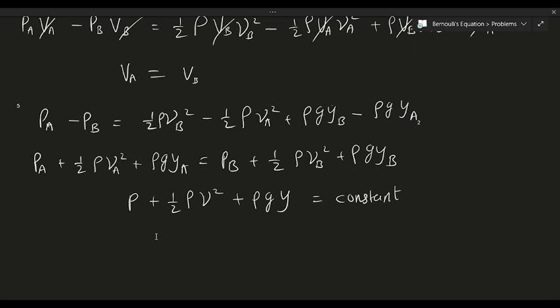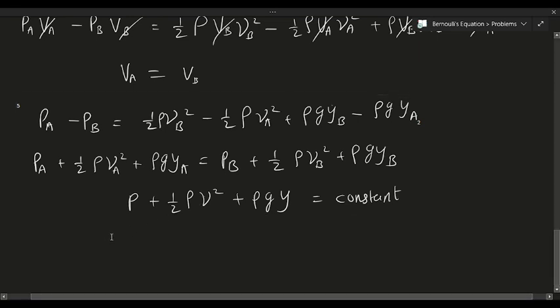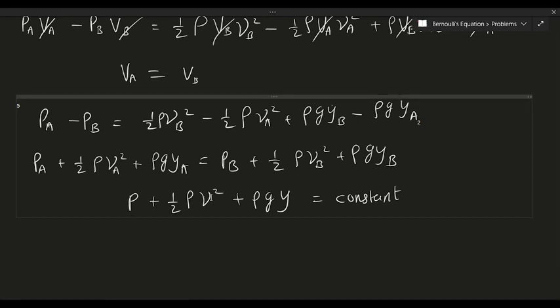This equation states that at any particular cross section of the pipe, the sum of the pressure at that cross section, half rho multiplied by flow speed square, plus rho g y, where y is the elevation of that particular section, the sum of these three quantities is constant.